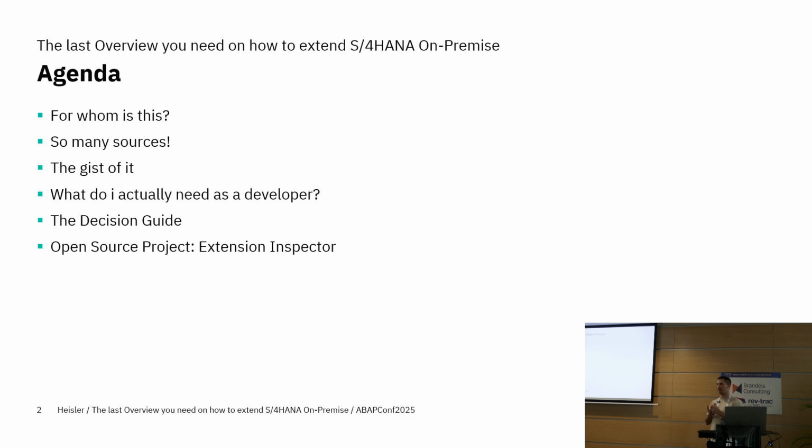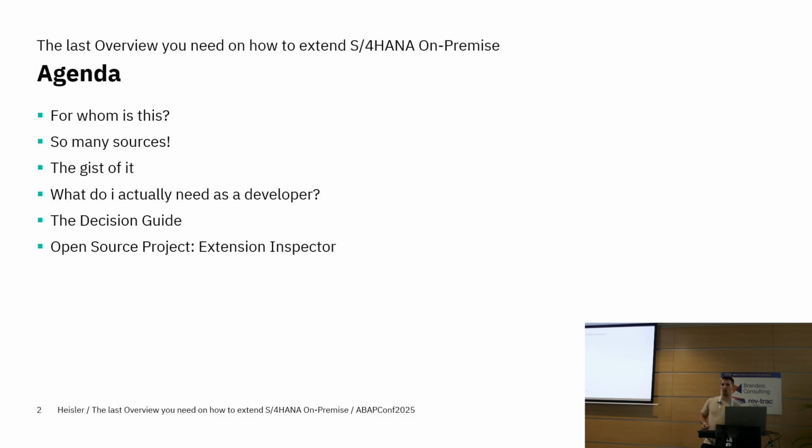First of all, I want to clarify for whom this presentation actually is. Because you may think, he has never worked with user exits, what does he want to tell us about all the technologies? And then I want to get into the details of what's the actual problem, in my opinion, with S/4HANA extensibility on-premise right now.